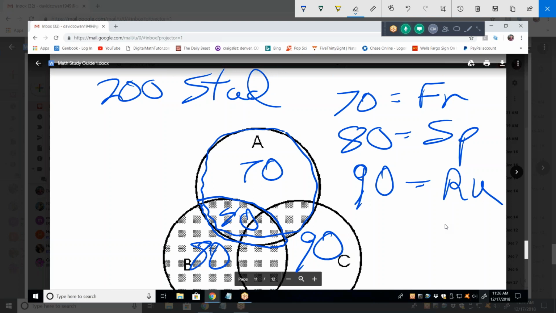then there's 40 people taking French and Spanish, so there's really only 30 people taking exactly French alone. And there's not 80 people taking Spanish alone. 40 of those people are taking French and Spanish, so there's only 40 there. And now when I refer to the set A, I'm referring to just the white space.